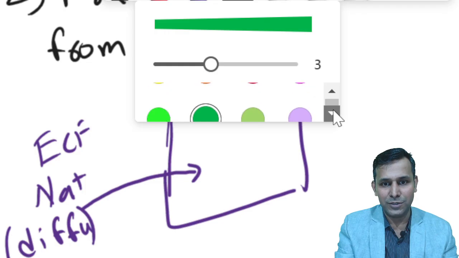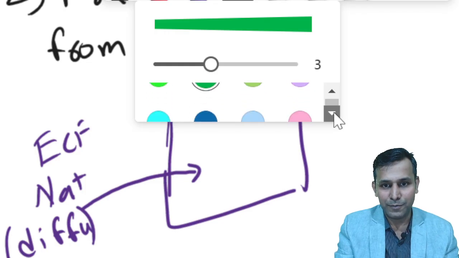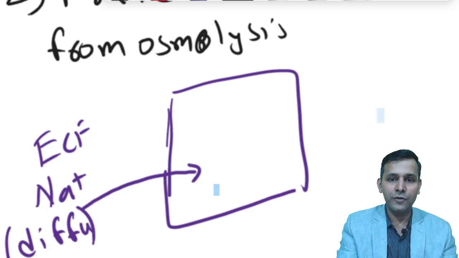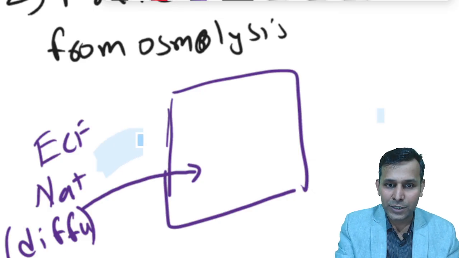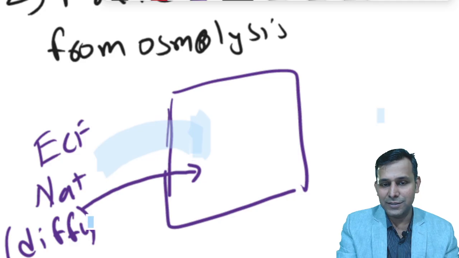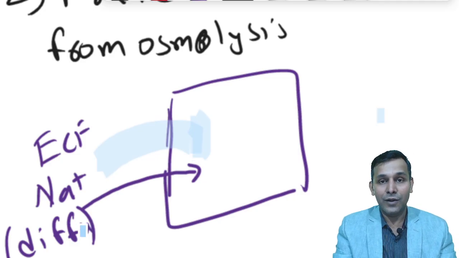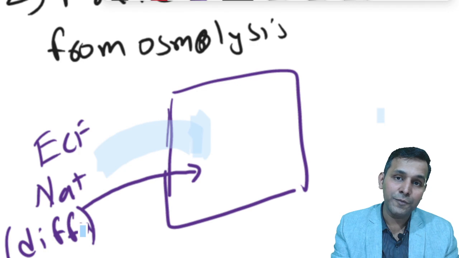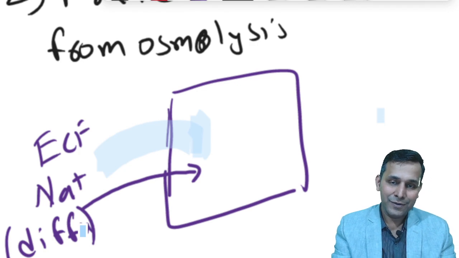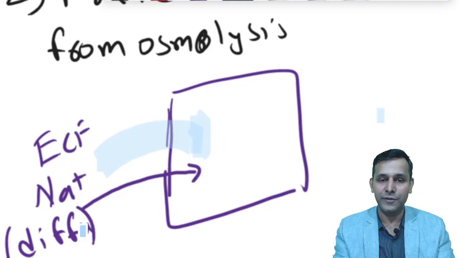Let me draw a few water molecules for our understanding. Along with sodium, water also diffuses inside the cell. If you don't prevent this, sodium will keep on diffusing and water will keep on diffusing.